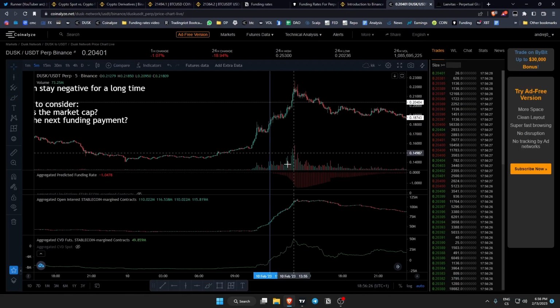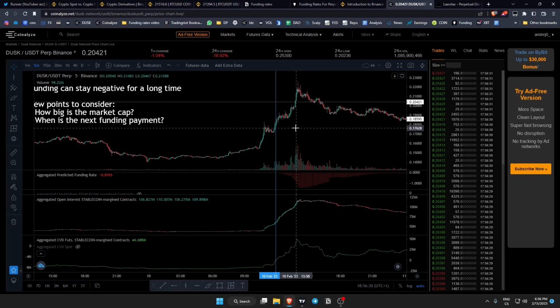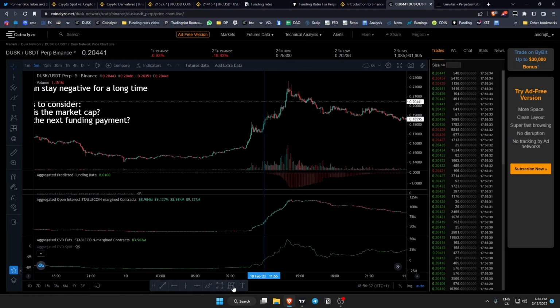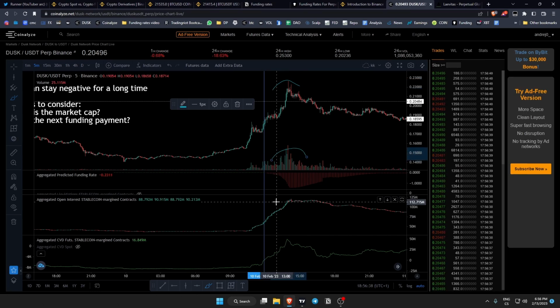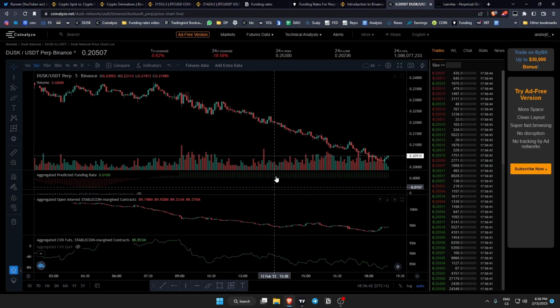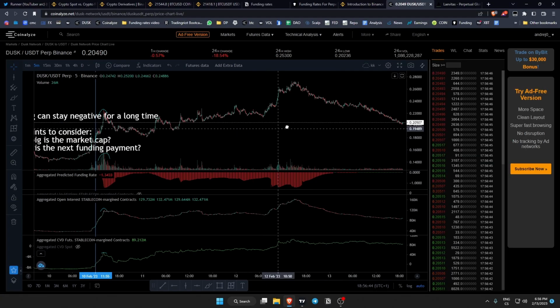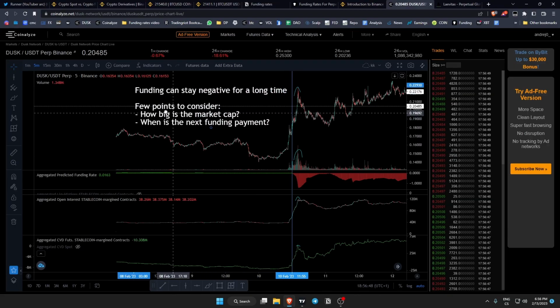And funding is going more and more and more negative. But it gets to the point where price starts rounding up, but also volume starts rounding up and open interest as well with CVD. So it gets to the point where, oh, sorry, my bad. No clue what happened here.